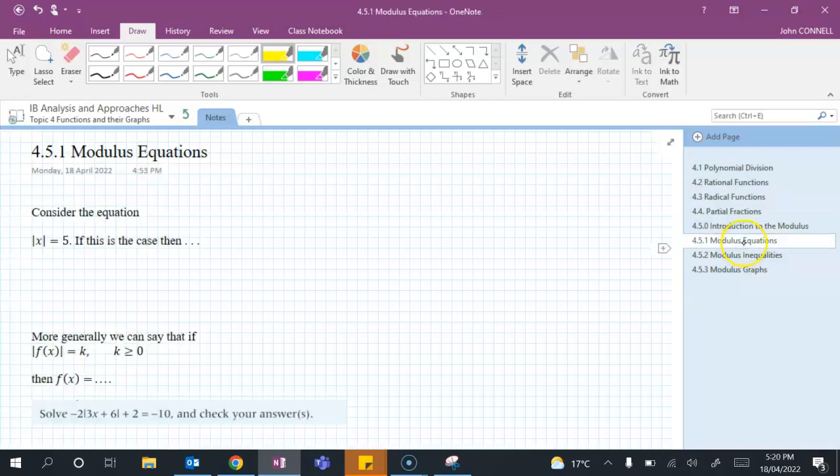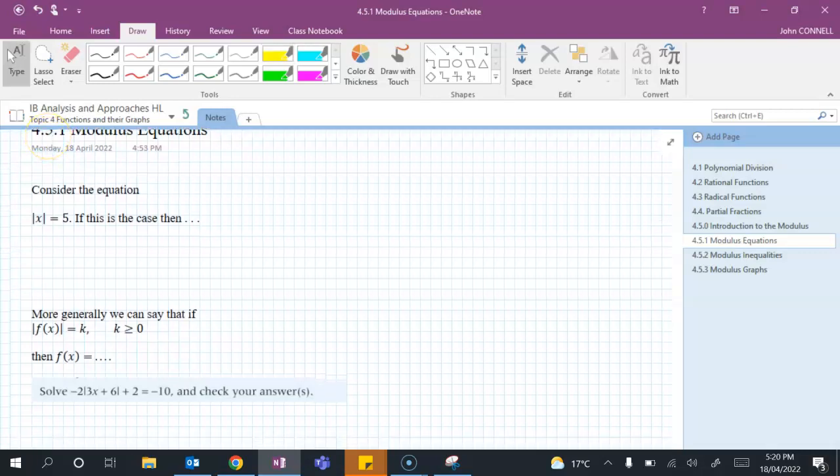Okay, alright, so let's have a look at how we can solve modulus equations. So that's an equation, something with an equal sign, that actually has a modulus in it. So let's say we know that the modulus of x is equal to 5. Now, if this is the case, then two things could have happened.